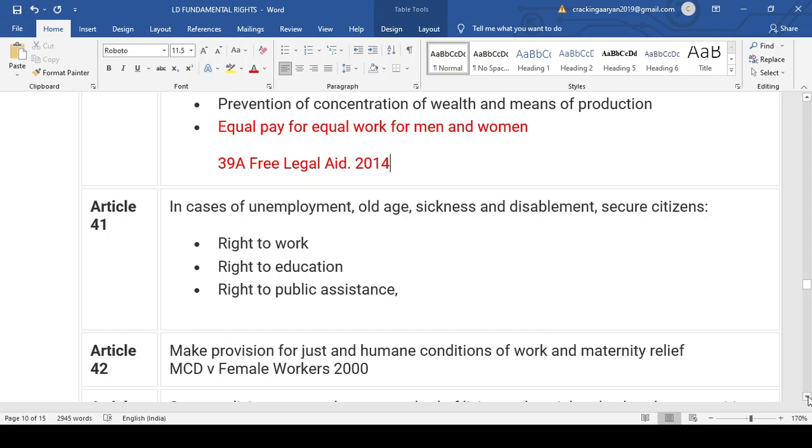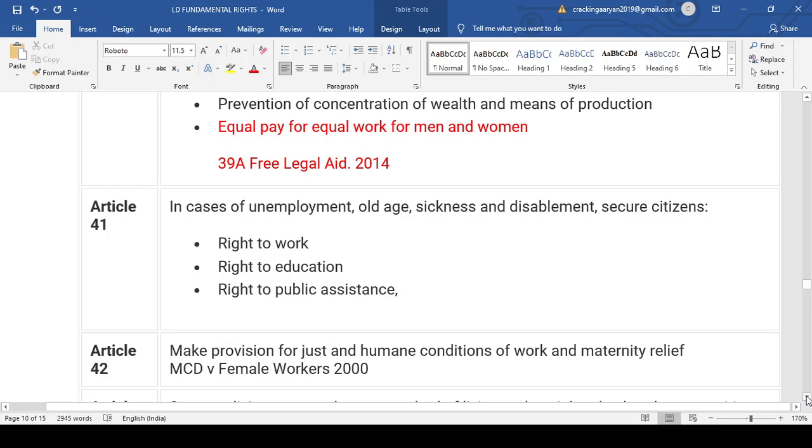So it is a duty of the state, but as we discussed, the directive principles of state policy are not enforceable. So you cannot go to the Supreme Court and tell that this is my fundamental right, the state has to give me employment, the state has to give me education. Although you have 21A, that is right to education for 6 to 14 years.